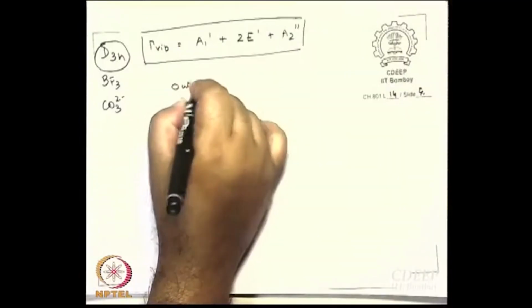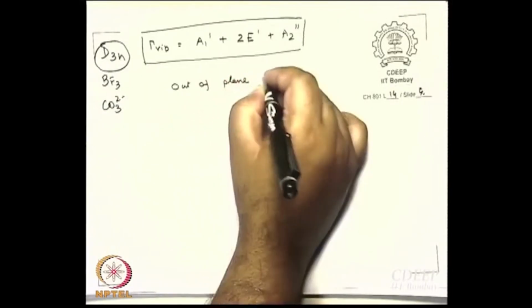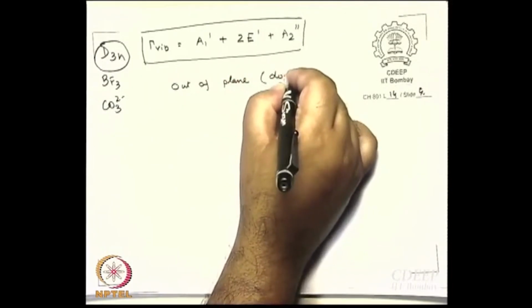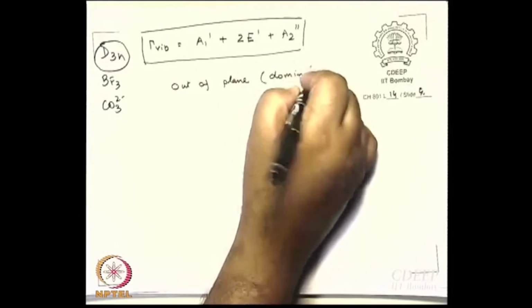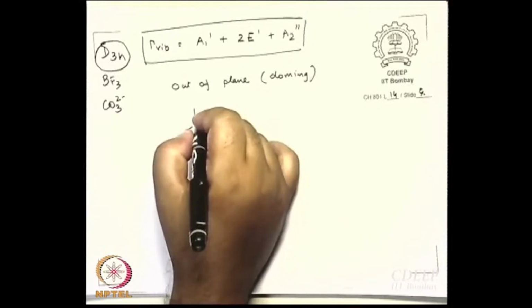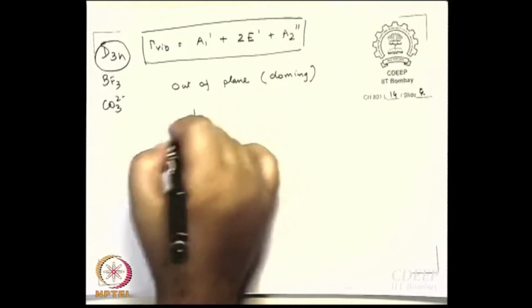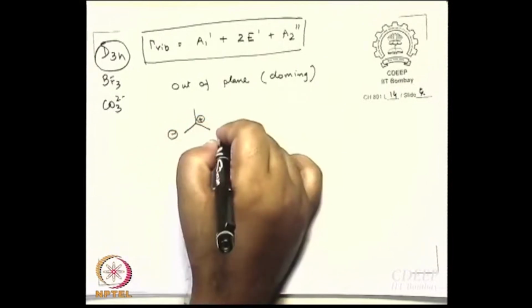So, let us see. So, out of plane motion, how did we draw it? So, I can say this is plus and all these are minus.